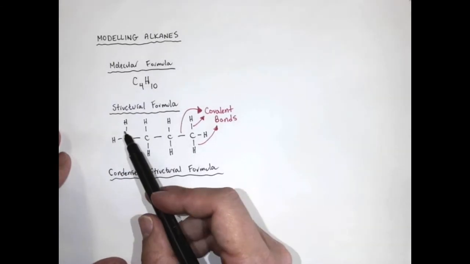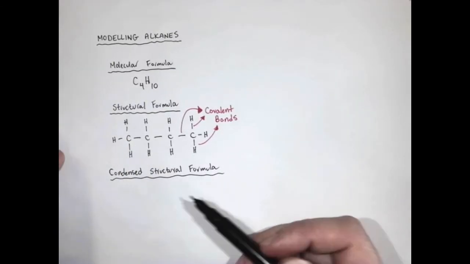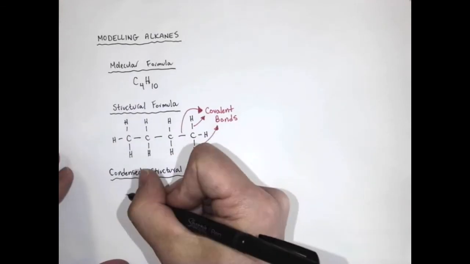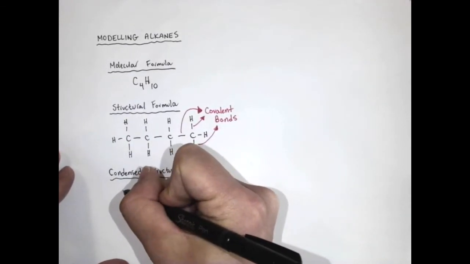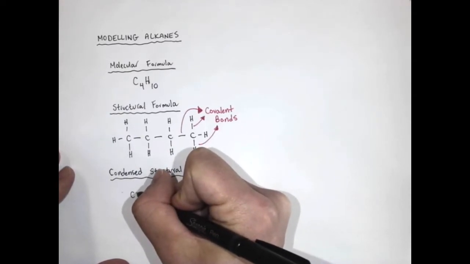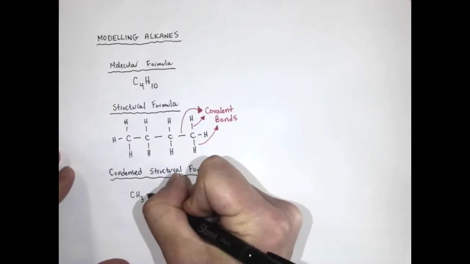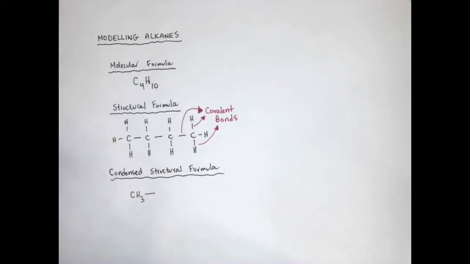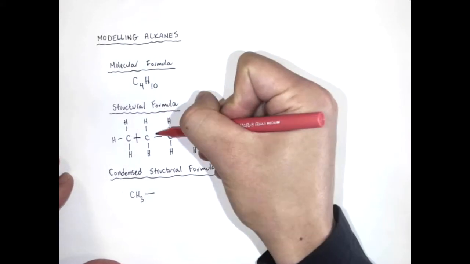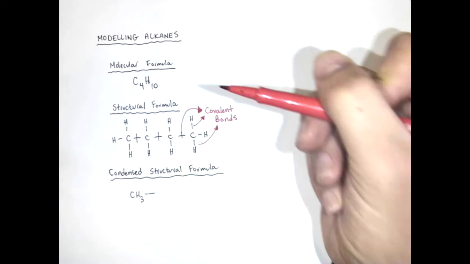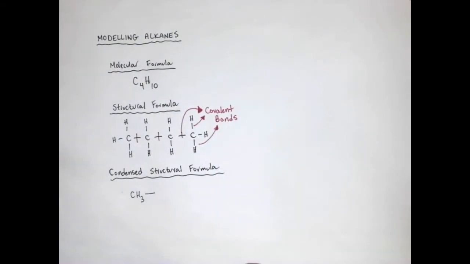We're not going to show them the same way that we showed them here. We're actually going to smush it down a little bit more. And for this carbon here on the end, I'm going to represent it as CH3. It's almost like I'm going to go back into this molecule and separate the carbons. They're not actually separating, but I'm going to separate those carbons.